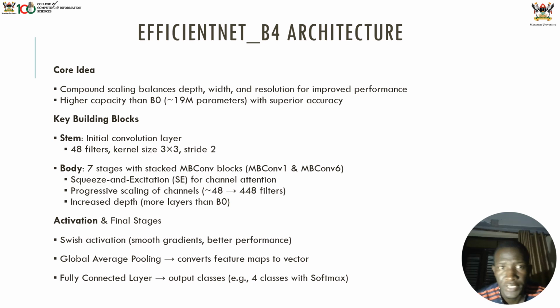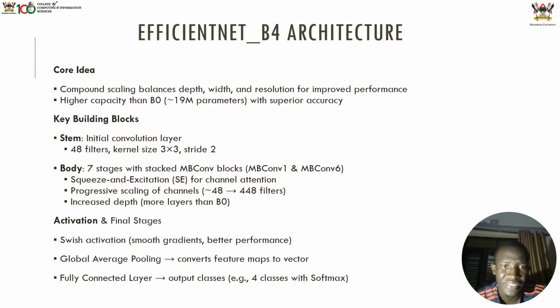The core idea is that EfficientNet introduces compound scaling, which means instead of randomly increasing the layers or filters, it scales the depth, the width, and the image resolution together in a balanced way. Unlike ResNet 18, which uses skip connections to help model learning, this provides better performance compared to the traditional scaling methods.